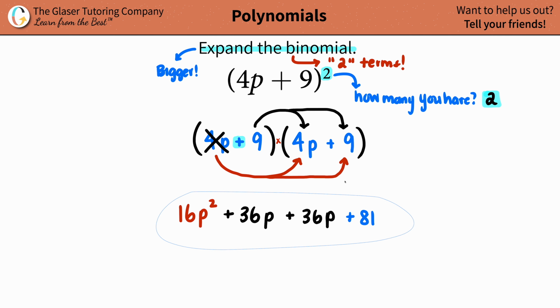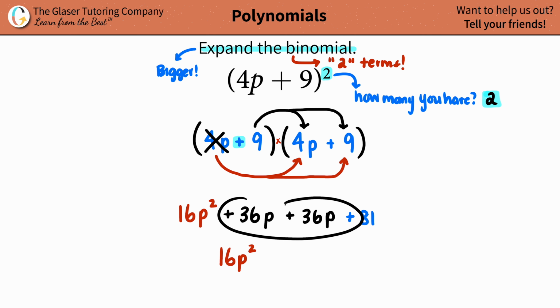Okay, let's simplify. Now notice how I wrote some of these in different colors, some of them in the same color. Because when you simplify, the variables only want to be simplified with the same variable. Since this is the only p squared, you can't simplify that. So that's just going to stay 16p squared. But now we have 36p and 36p. We can simplify that. Let's add them together. So 36 plus 36 is 72.